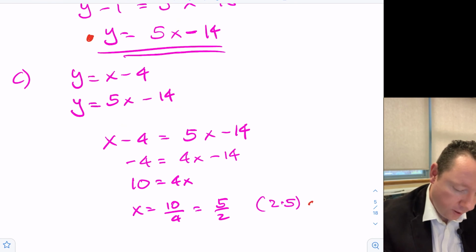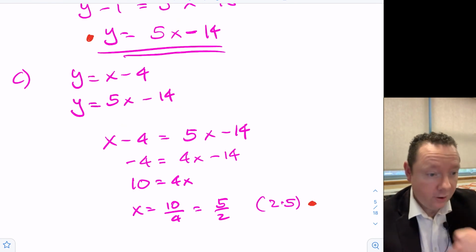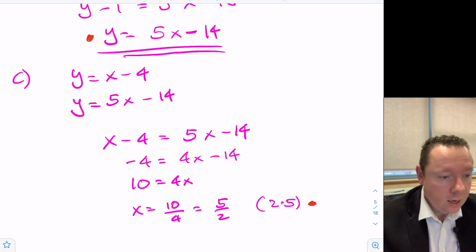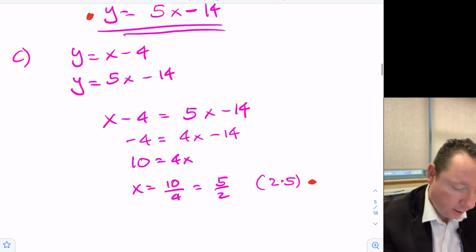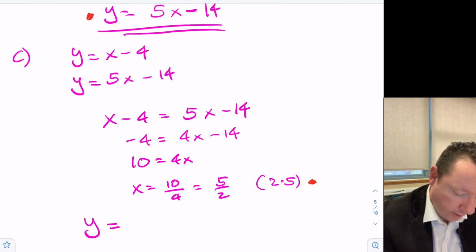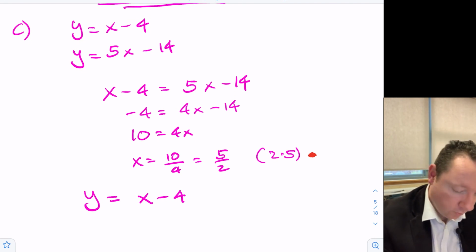So we're on a calculator paper here, so there's a mark. And then to get your second mark, get your y coordinate. So the y coordinate is substituting in. So we've got y equals x minus 4, remember. So we substitute 5 over 2 in. So that gives us 5 over 2 minus 4.